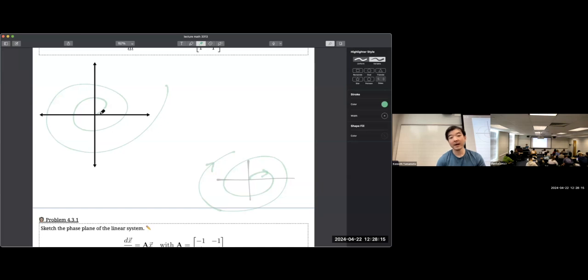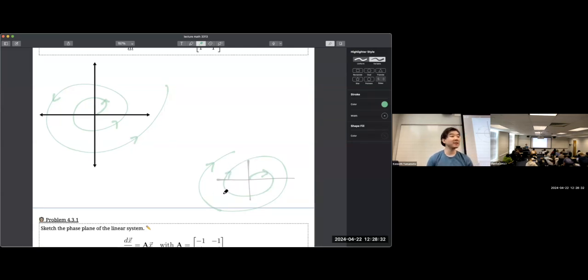I'm drawing the arrows out because I know that as t goes on, it's going to go out. So this is how the arrows should be, because you can't have arrows going into each other. They have to be consistent. So they're going out. This one is also going out.